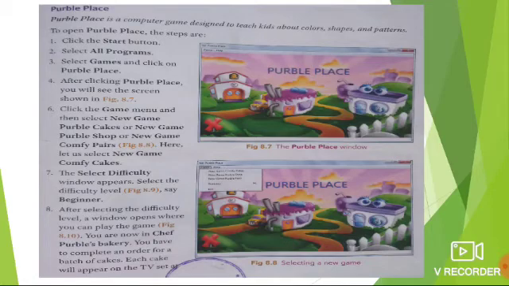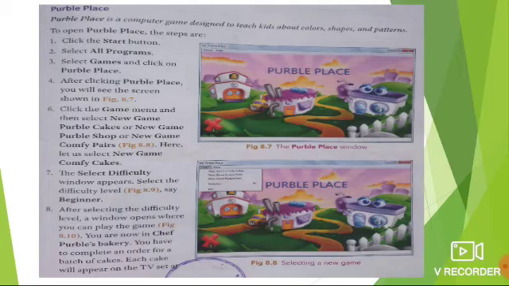So there is a game called Pebble Place. It is a computer game designed to teach kids about colors, shapes and patterns. To start this game, go to the start button, all programs, and then select games. In games you get a list of games that are installed in your computer, and select the game.